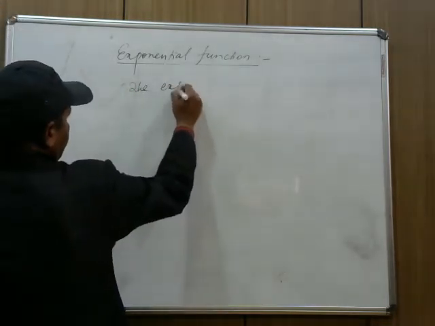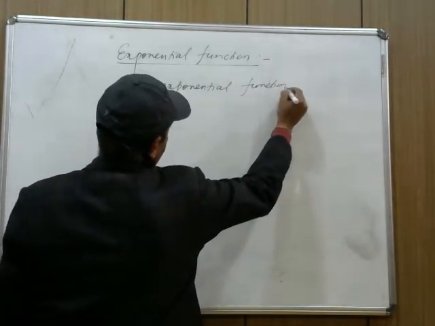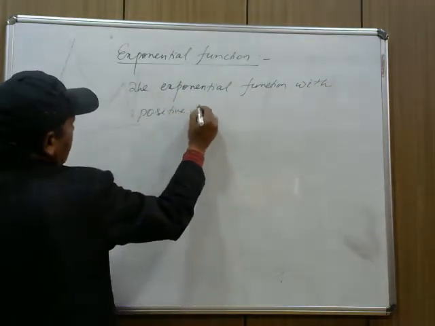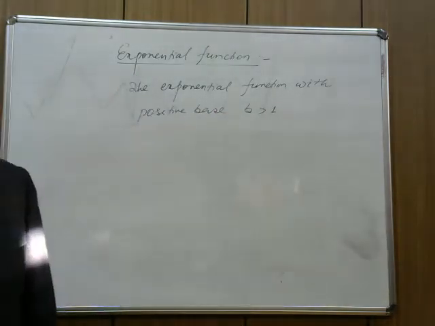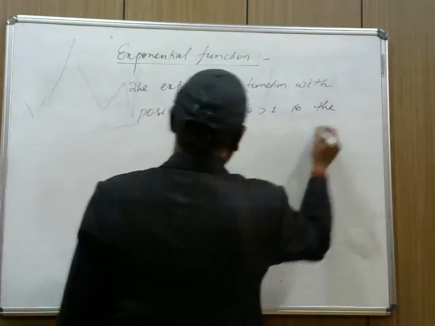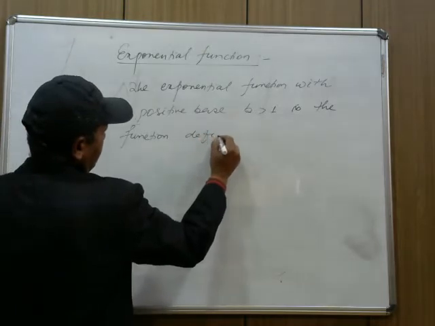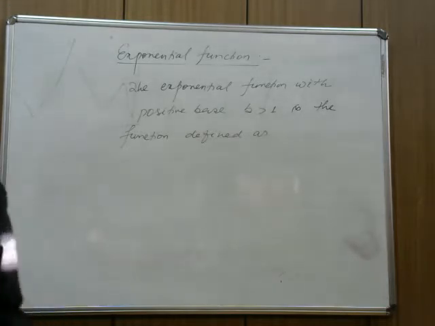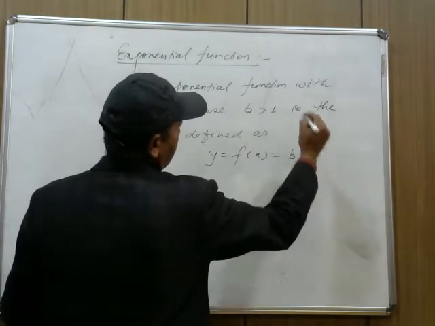The exponential function with positive base b greater than 1 is the function defined as y is equal to f of x is equal to b to the power x.